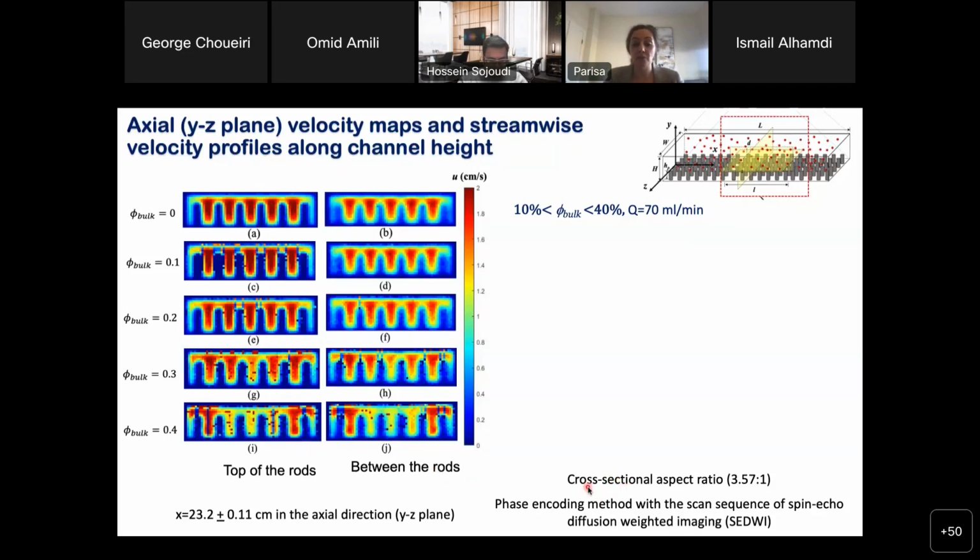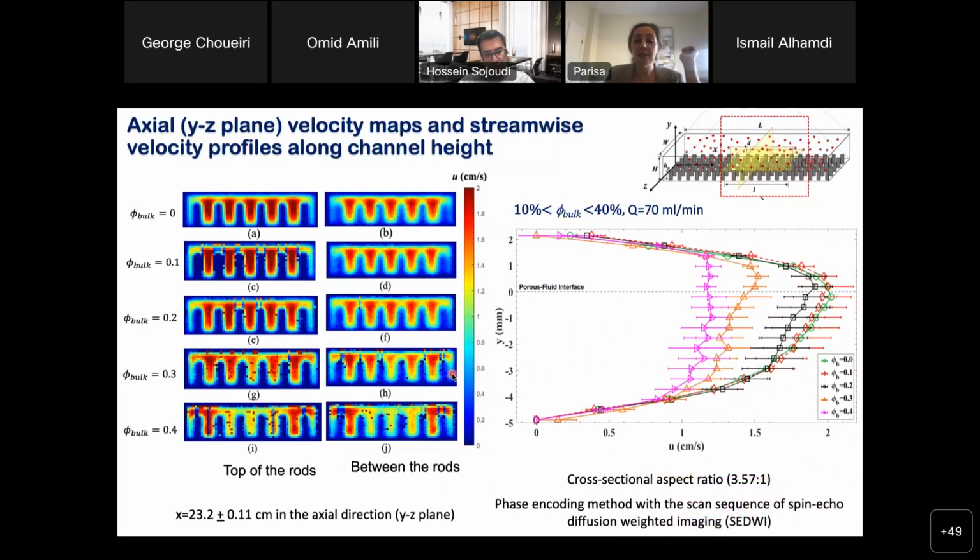Here, our cross-sectional aspect ratio is just 3.75, and that's why we could see a maximum velocity near the edges of the channel. It should be noted that if this is wide enough, you shouldn't see any of those maximums. So definitely these maximums near the edges are due to the wall effect.